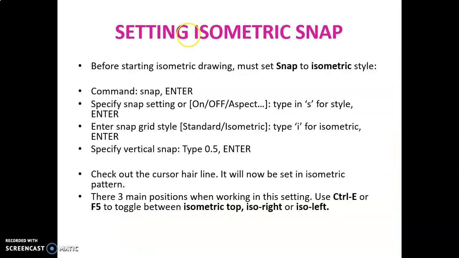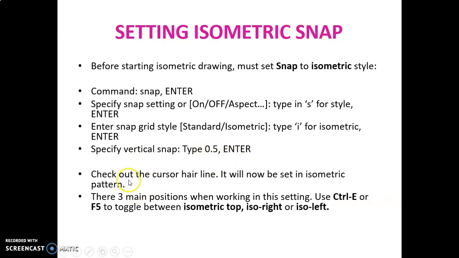In order to set up the isometric, you have to set snap to isometric style. To do that, use the command snap and then enter. Then enter the grid style, type I for isometric, and then for the vertical snap, type 0.5 and press enter.